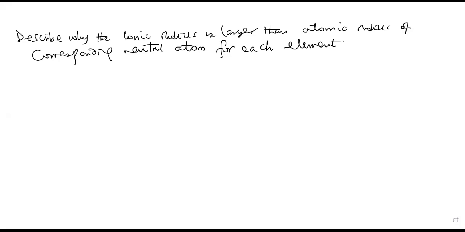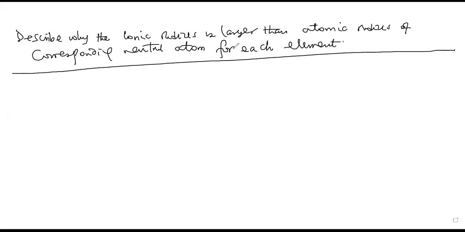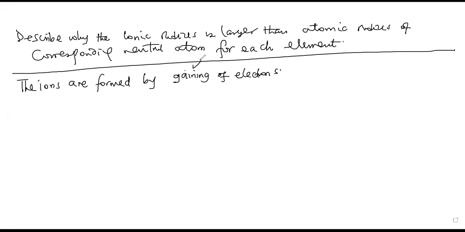So the first statement that you need to tell me is that those ions are formed by gaining of electrons. That is the mark you would first get, because this tells me that the student knows that these ions formed are negatively charged, but we form negatively charged ions by gaining of electrons.